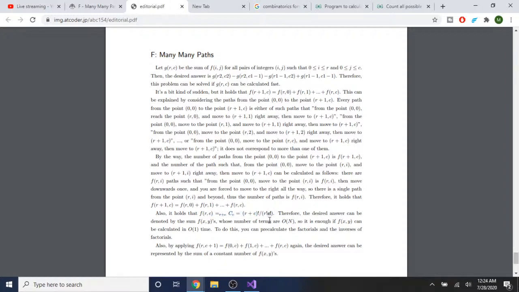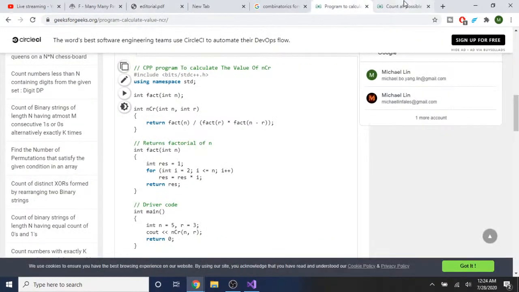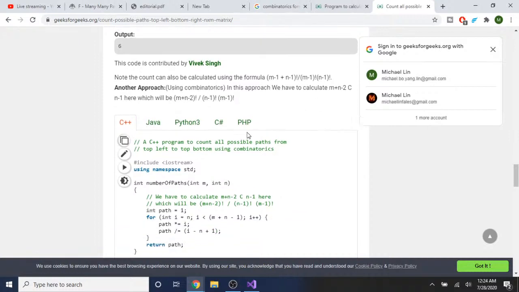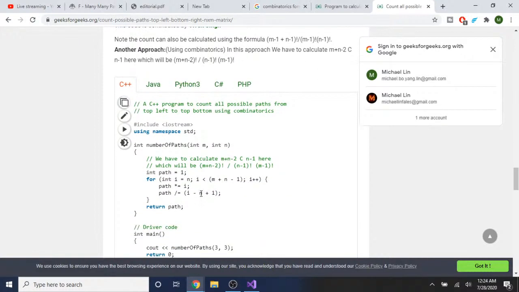Let's try that actually. I think the one on Geeks for Geeks is right, but then we're off by a factor. There must be some weird issue with that.